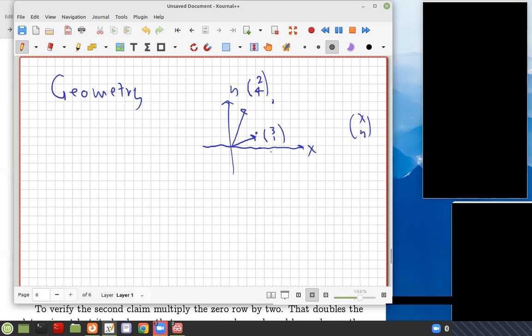So if I make this parallelogram here, like that, and let me move this 3, 1, so it's not quite in here. 3, 1. It's this vector here.